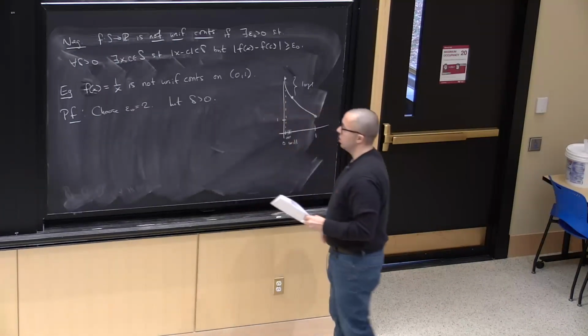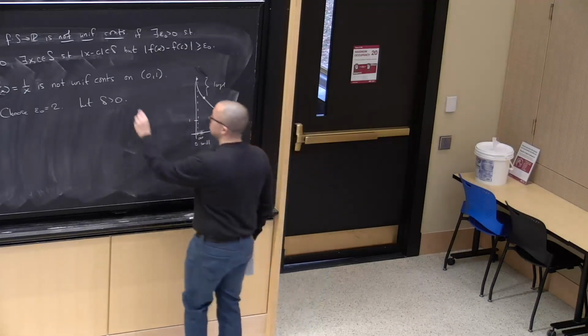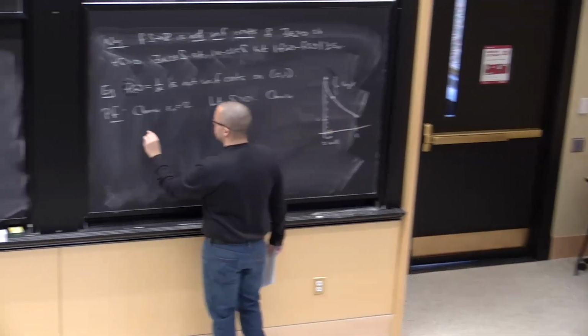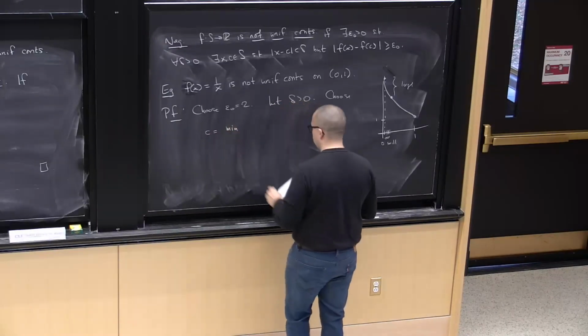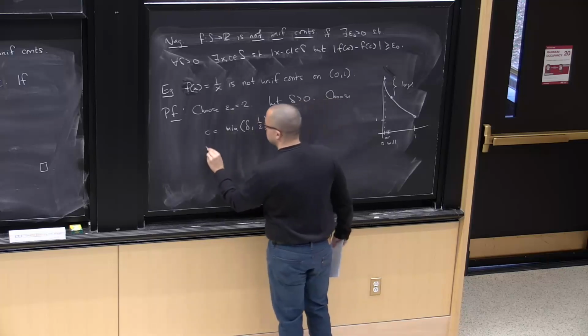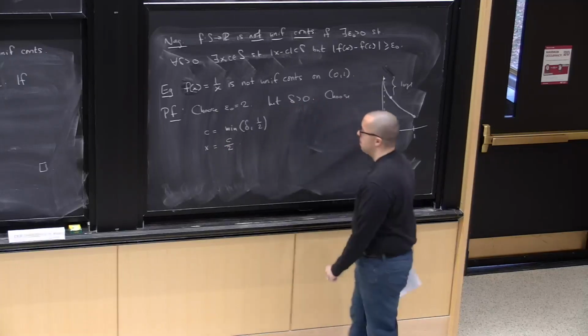Whose values differ by at least 2. So let's choose C to be the minimum of delta and a half, and I'm going to choose x to be C over 2. Okay?